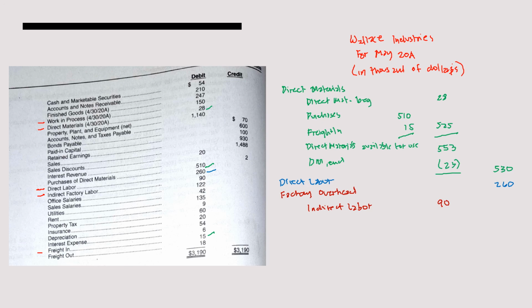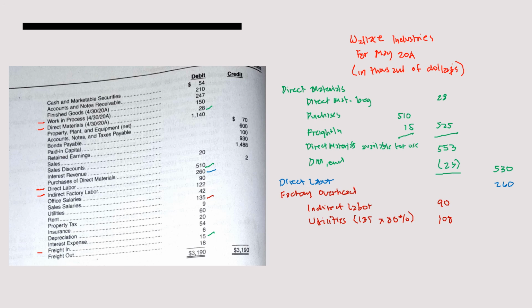Your utilities, where's your utilities? That's 135. It says here that 80% of utilities is related to manufacturing. So we multiply the 135 multiplied by 80%. So that's 108.